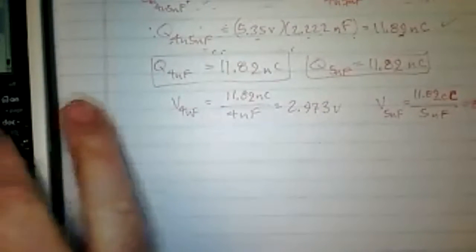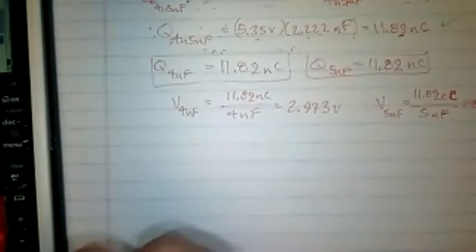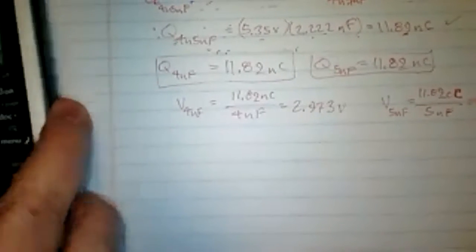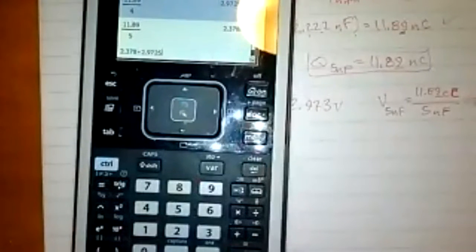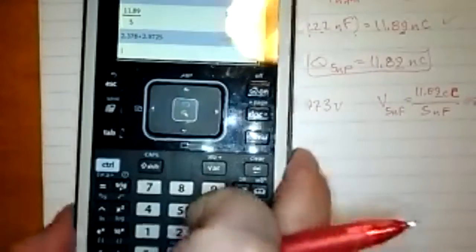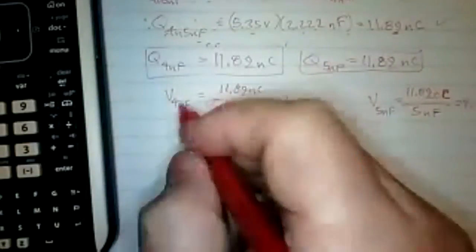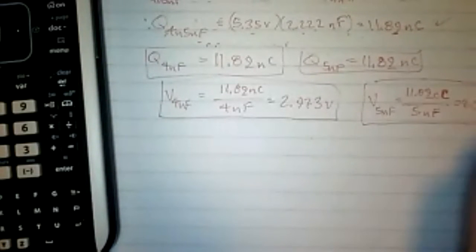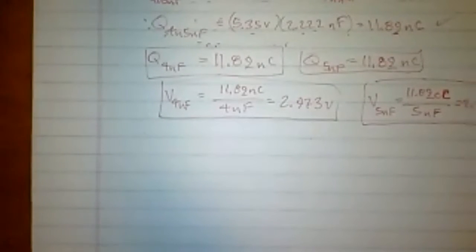And in fact, if I actually add them, I get 5.3505. So yes, they check. So that's a typical type of problem you can be asked to do with capacitors.